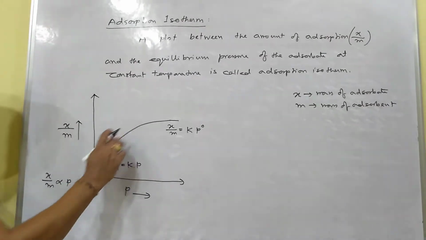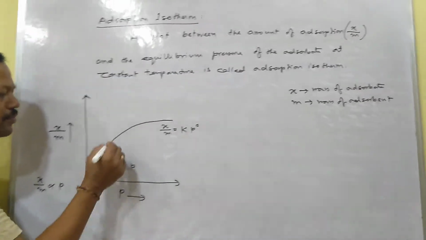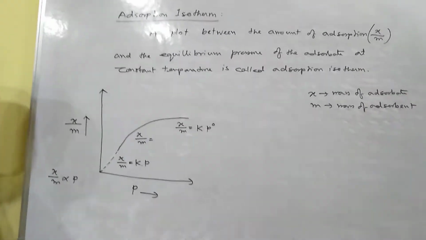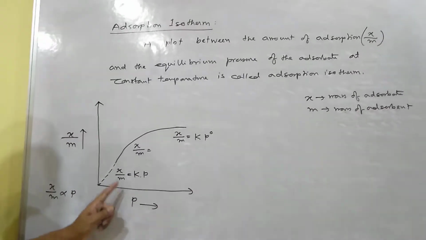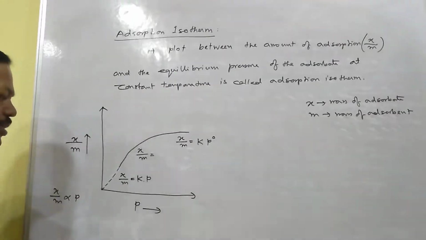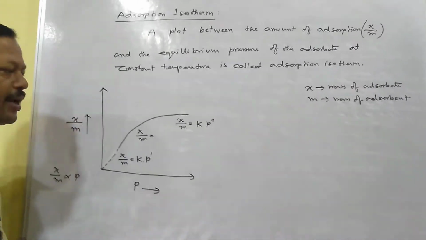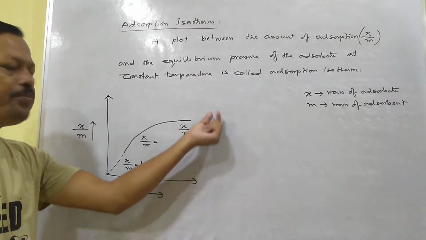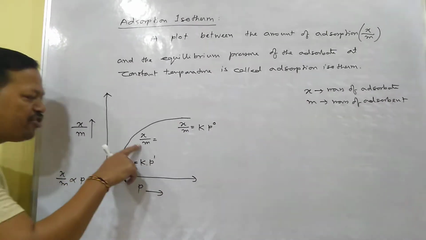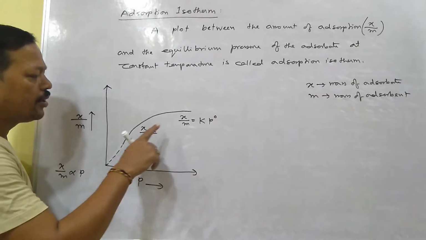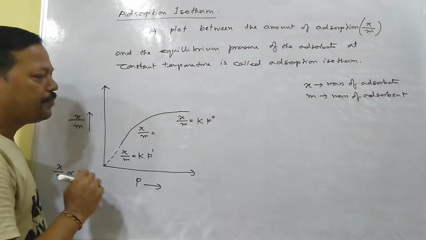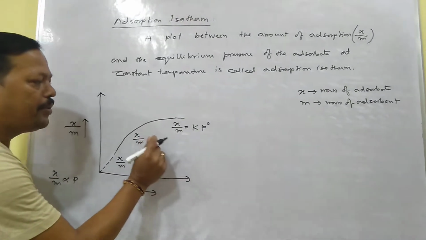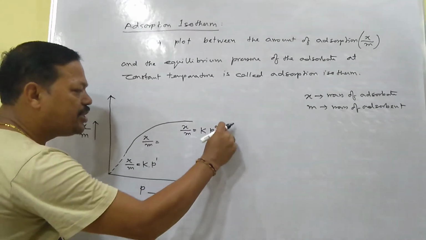So at the intermediate range of pressure, what about x by m? It becomes sloping. At low pressure, it is directly proportional to pressure, P to the power 1. At high pressure, it is independent of pressure, P to the power 0. So at the intermediate range of pressure, x by m depends on pressure to a power between 0 and 1.